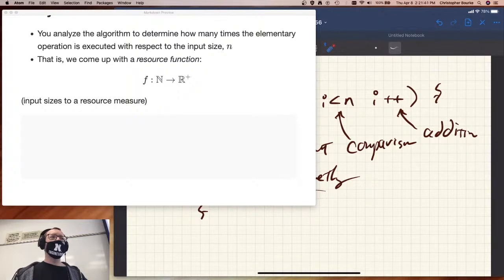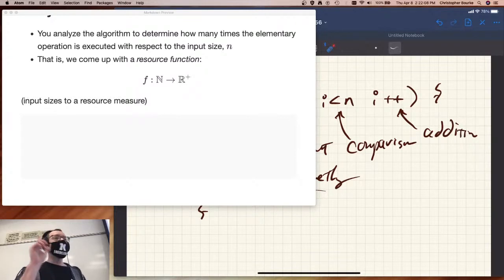Have you ever heard of a negatively sized input, like a list with -5 elements in it? Does that make any sense? No. Of course, you can have an empty list. That's why we include zero in the natural numbers. Can you have a list of size 3.5? 3 elements and then a half element? No. So that's why we restrict it to just non-negative integers.